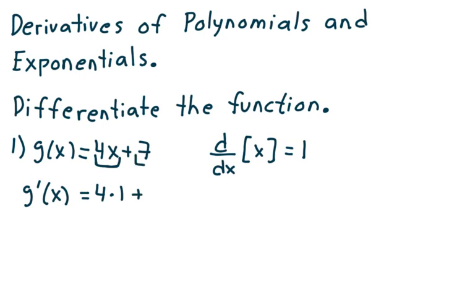And then the derivative of any constant is 0. Well, 7 is a constant. And so the derivative of 7 with respect to x is equal to 0. And so, therefore, g prime of x, when I simplify, I just get 4. That's example 1.